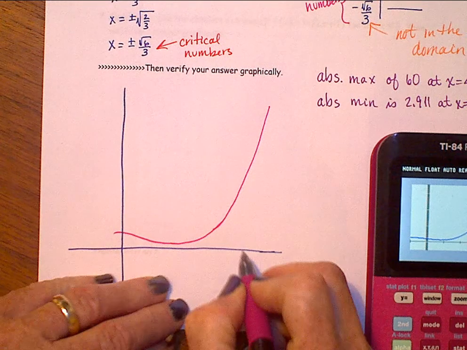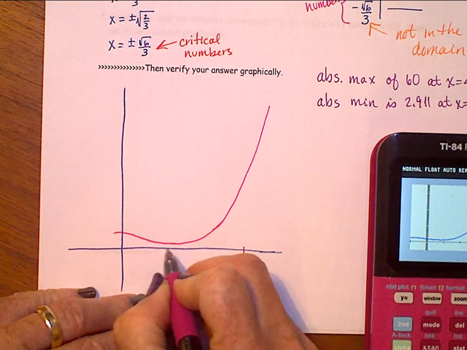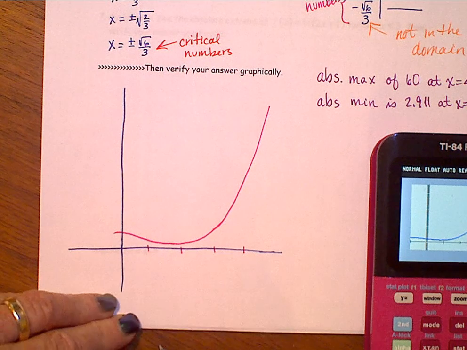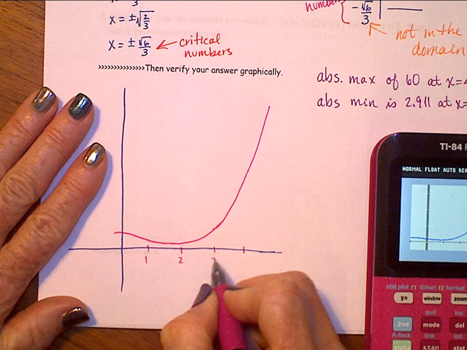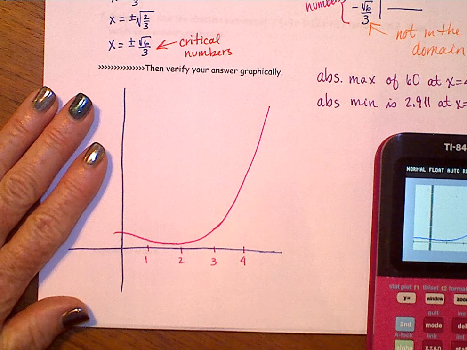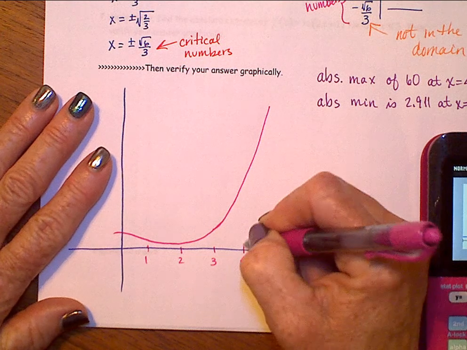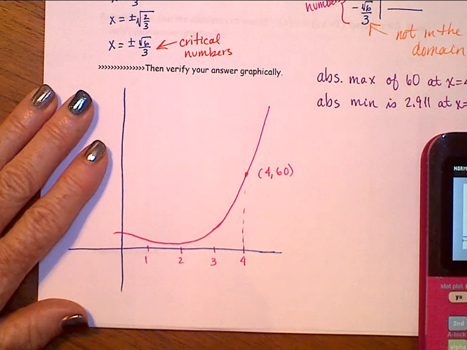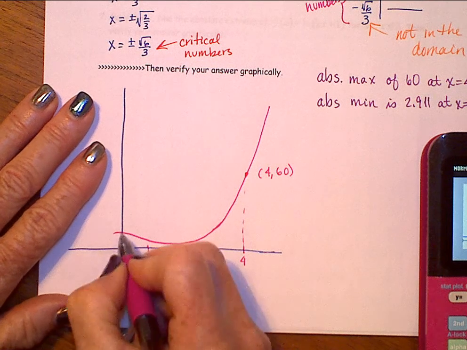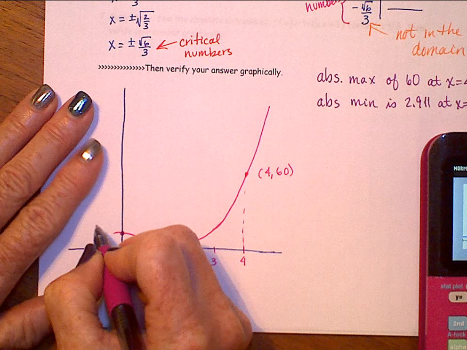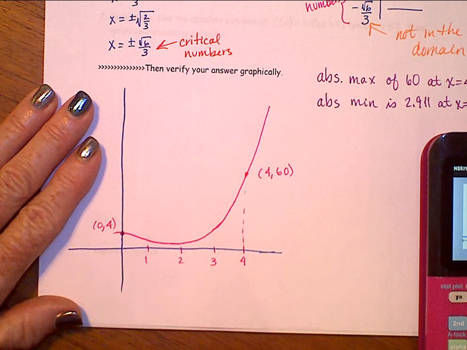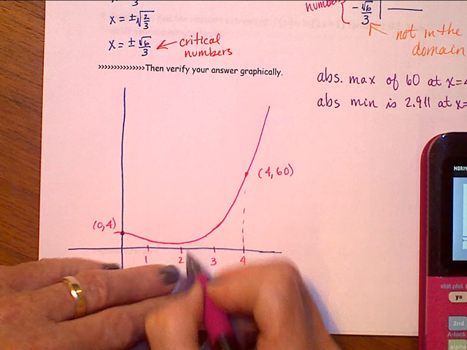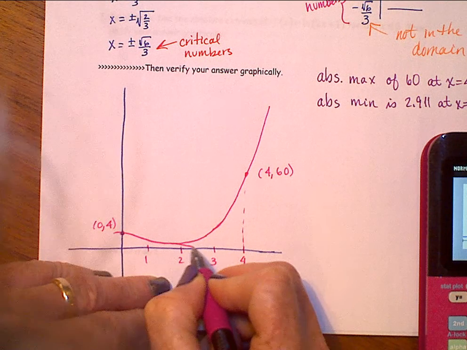We had, oh, I'm off a little bit here, that's okay, 2, 3, 1. And we knew we have a point right up here, 4, 60. We know that we have a point over here at 0, 4. And I'm supposed to have a minimum value right here.